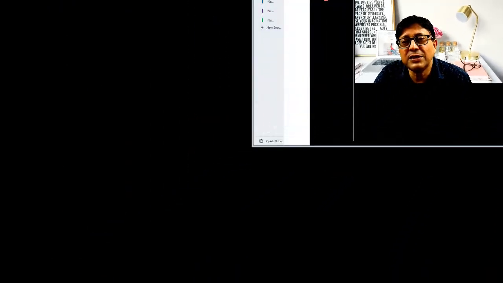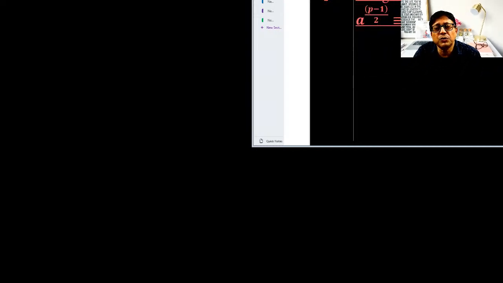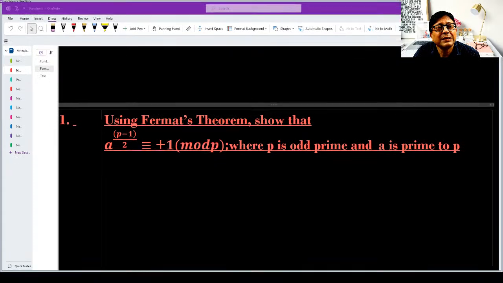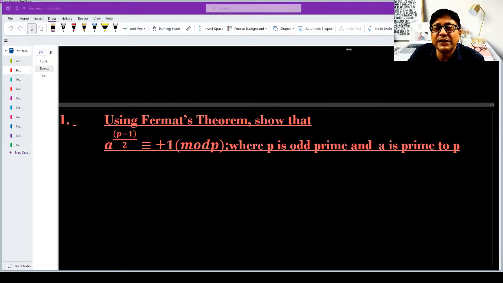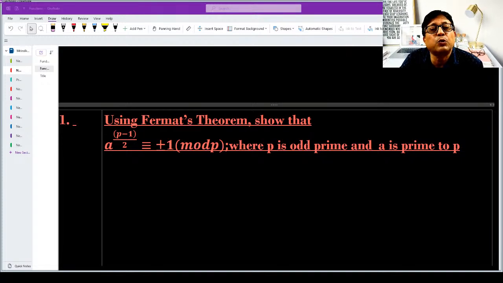So let us start this session, which is actually a problem solving approach on congruences and Fermat's theorem. Before that, those who have not attended the first session on congruency arithmetic and Fermat's theorem, this is actually part 2.